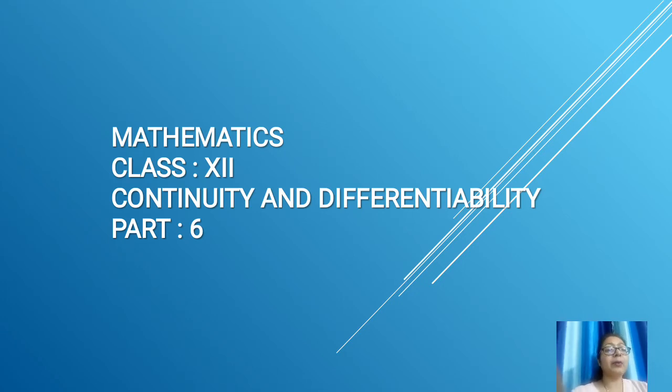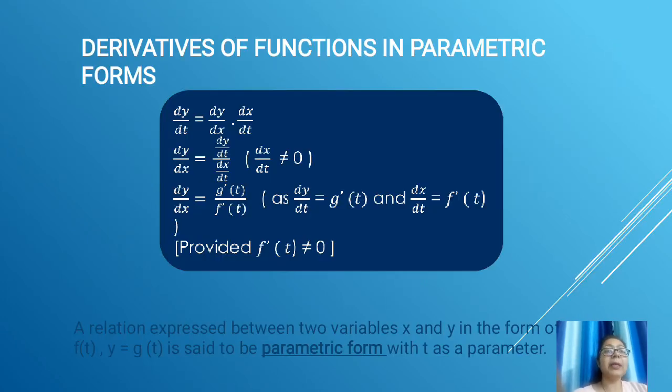Today I am going to discuss derivatives of functions in parametric form. So first you have to know what this parametric form is. Suppose x is a function of t, that means we can express x equal to f(t) and y equal to g(t), a function of t.